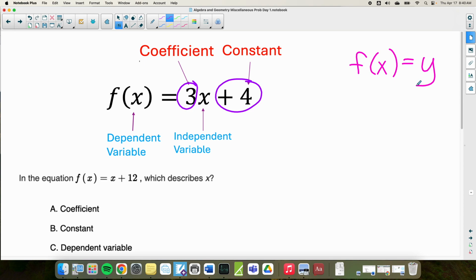If I put 0 in there, it's going to be different than if I put 1 in there, and so on. So f of x, or y, is dependent, and x is independent, okay?